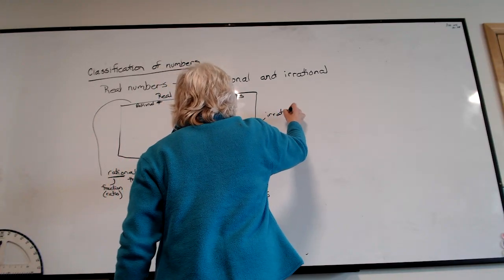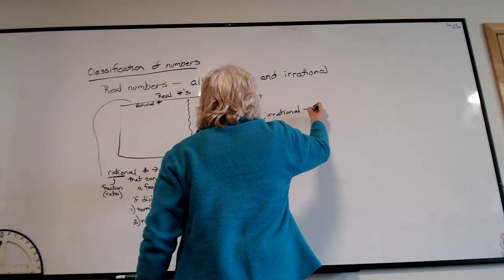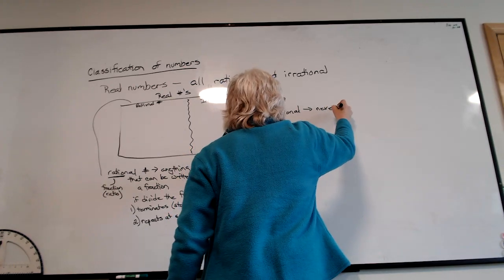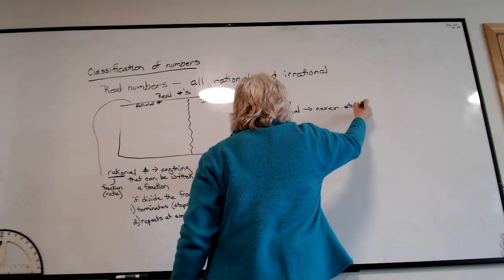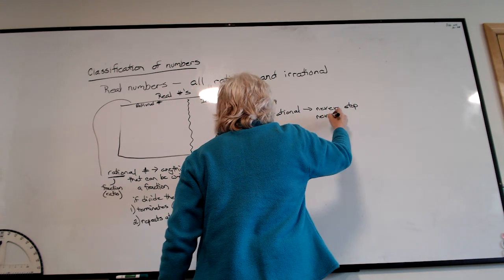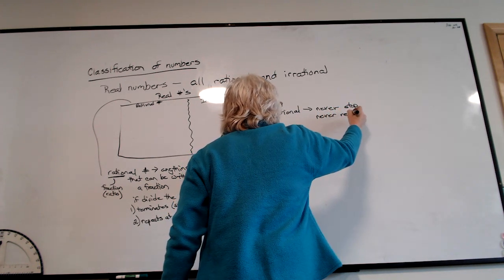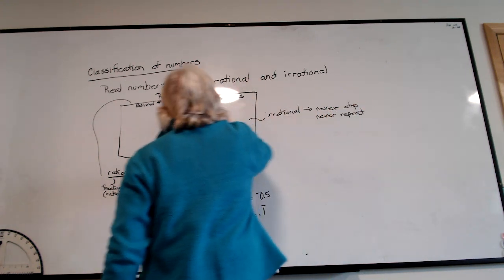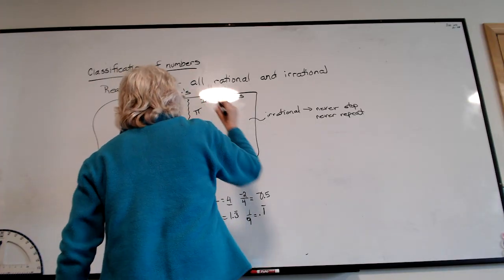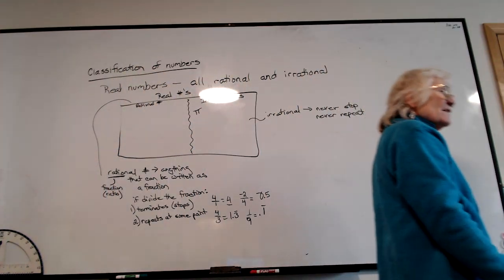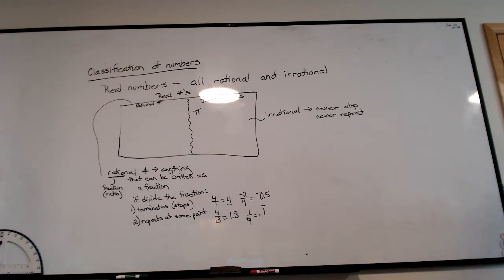Irrational numbers never stop and they never repeat. Like pi? Yes. The most famous example is pi, because pi never stops. We've never found the exact number of the circumference divided by the diameter.